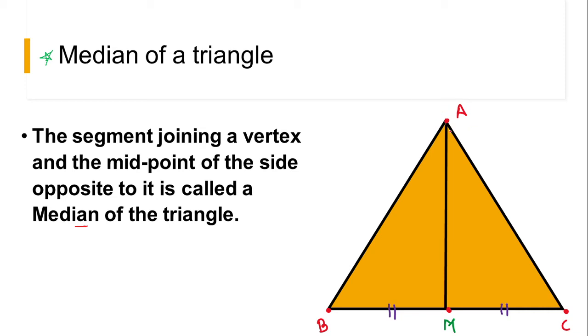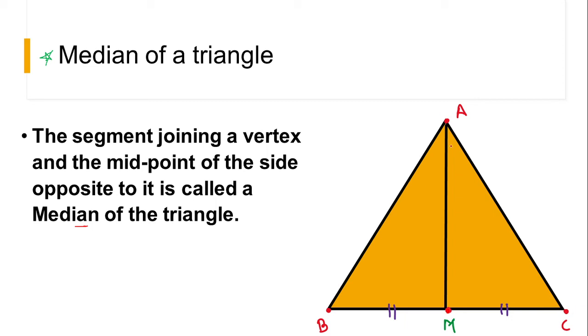Opposite to vertex A is BC, opposite to vertex B is AC, opposite to vertex C is AB. Okay, and each side has its midpoint. Here for side BC, I have taken the midpoint as this M. Okay, the midpoint of segment BC is M.